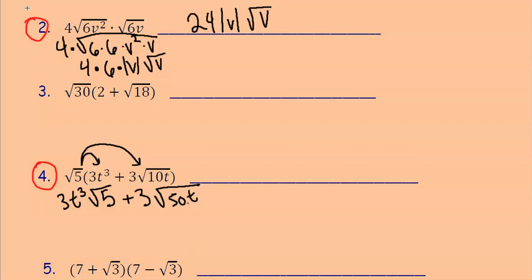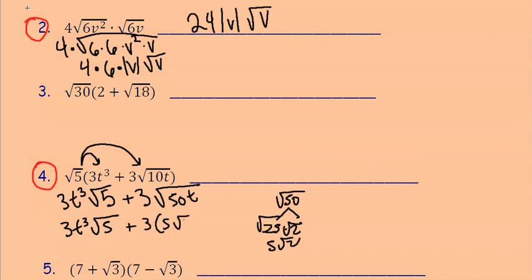50 can be reduced. 50 is 25 times 2. So we have 5 square root 2. 5 times 3, so we write this. So 5 times 3 is 15.